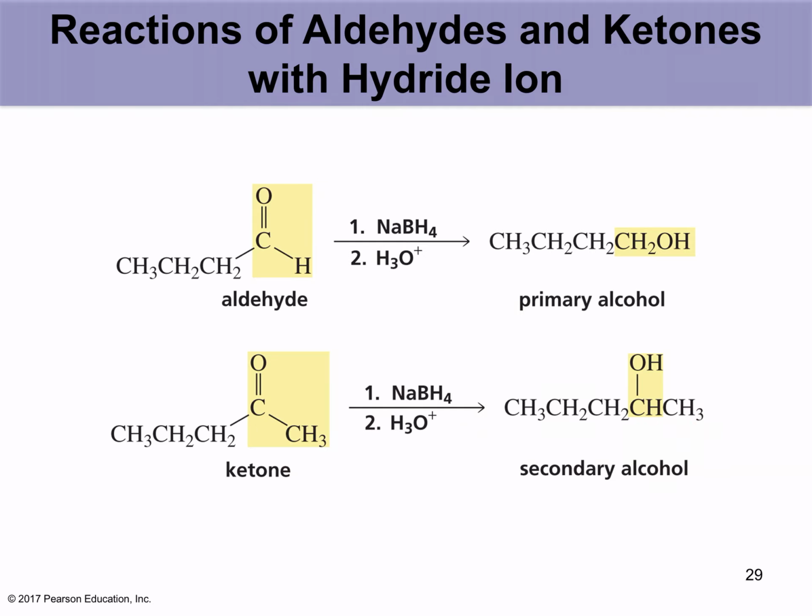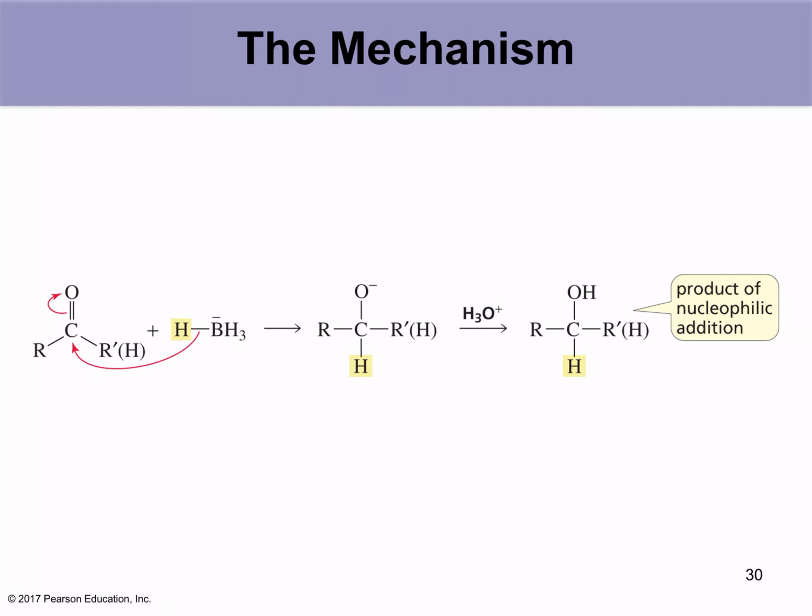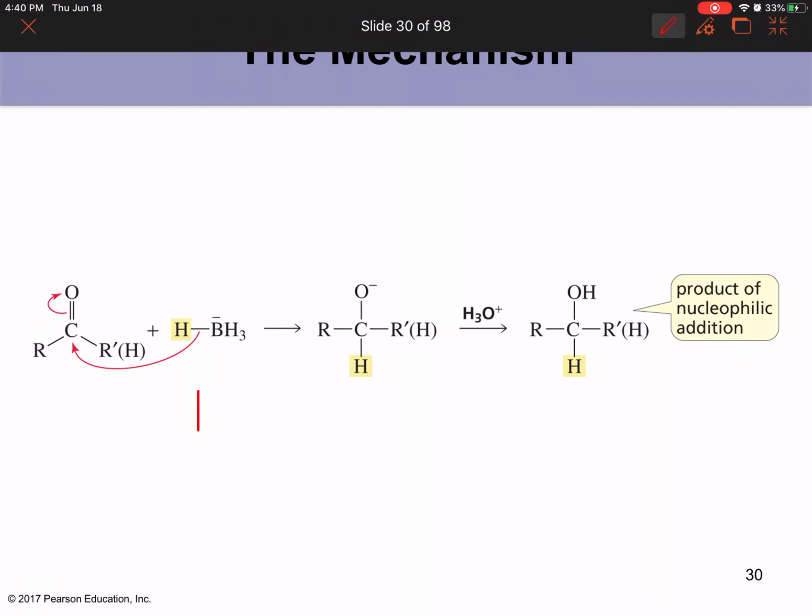Let's look at the mechanism. That's the fun part. This is your sodium borohydride. The boron-hydrogen bond breaks, and the hydrogen carries the two electrons along with it as H minus and forms a bond between the carbon and hydrogen. So you know the process now.